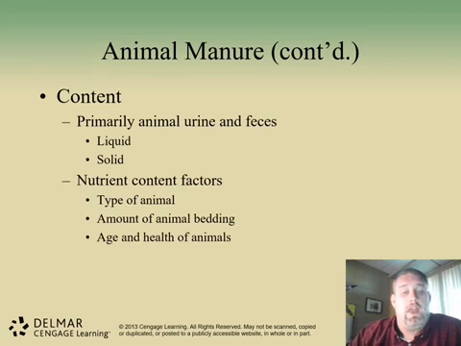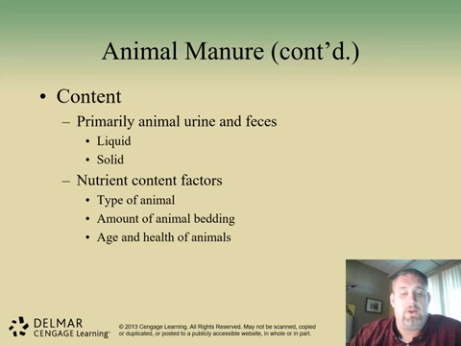Typically, they are solid or liquid. The liquid is basically urine and feces that has been liquefied and will be sprayed over the top of the ground, while solid is typically broadcast and then mixed or tilled into the ground. There are a few different types of animals that are better than others.